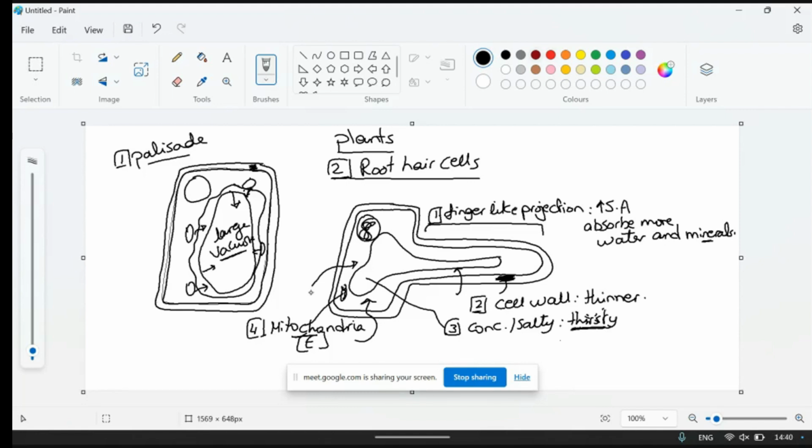What about another adaptation, which is that root hair cells don't have chloroplasts? But this doesn't help in its function.